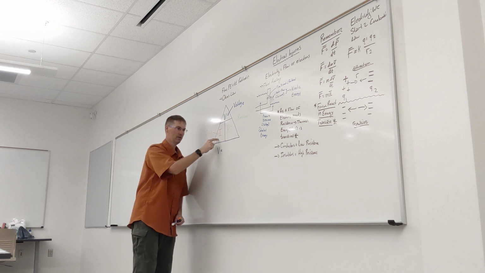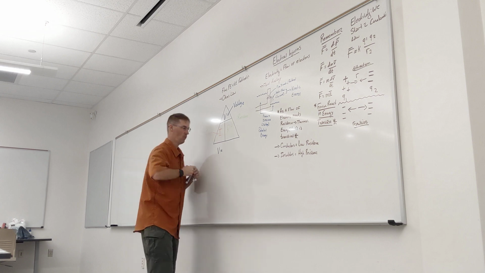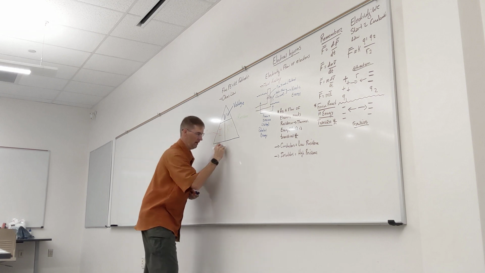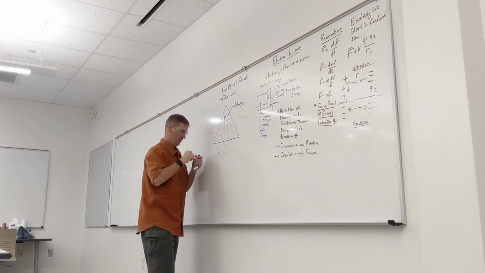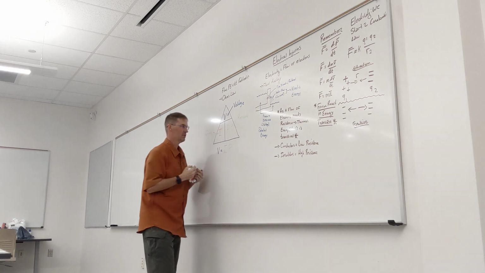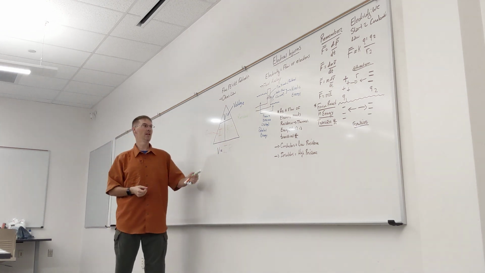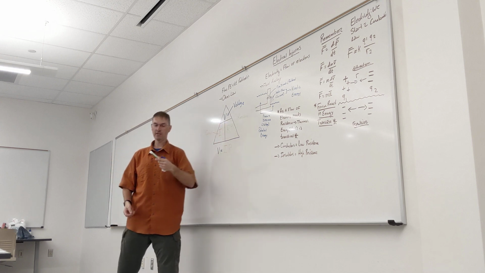So V equals I times R. If you know the resistance and you know the current, you can figure out the voltage, what the initial potential energy is coming into that.